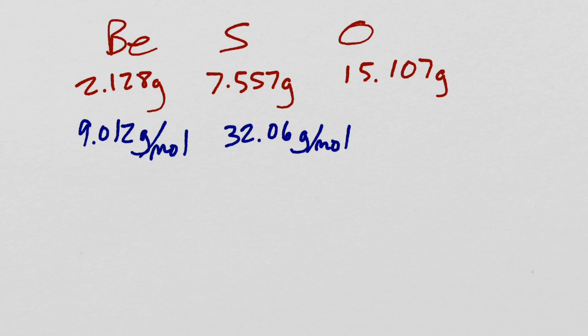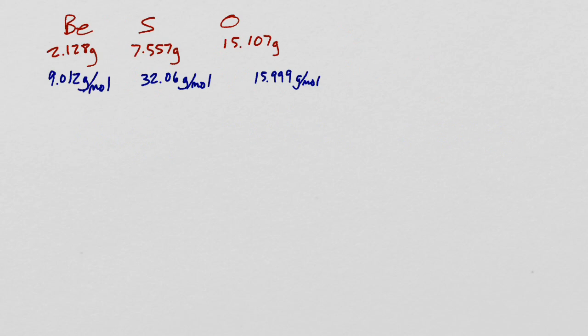And for oxygen, that is 15.999 grams per mole. So we want to start with beryllium, or whichever one we want. 2.128 grams of beryllium. We want to know how many moles. 9.012 grams is 1 mole.